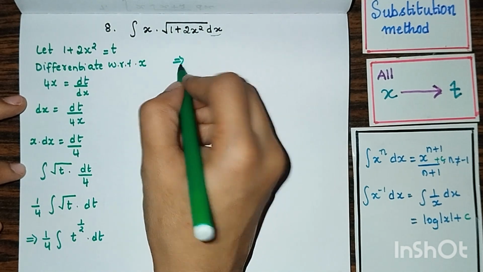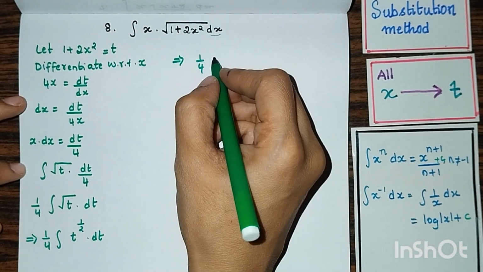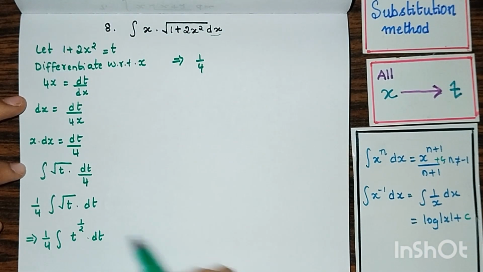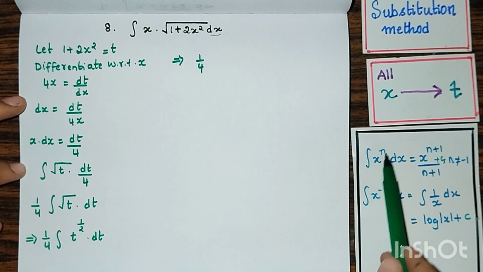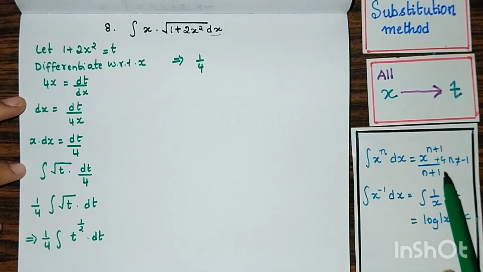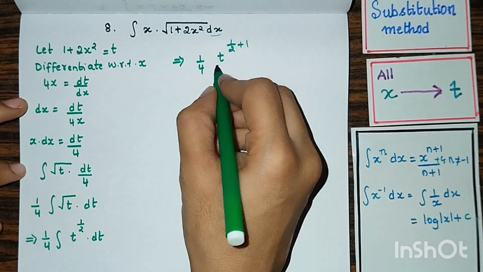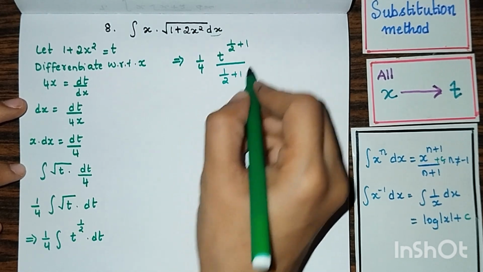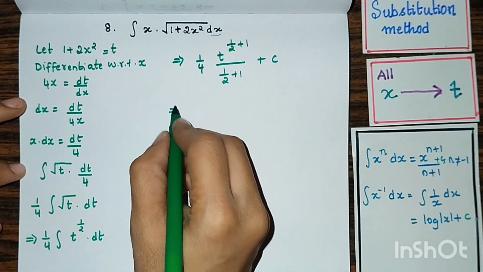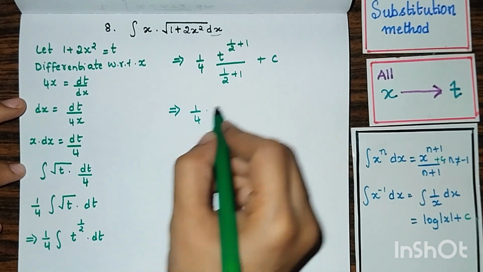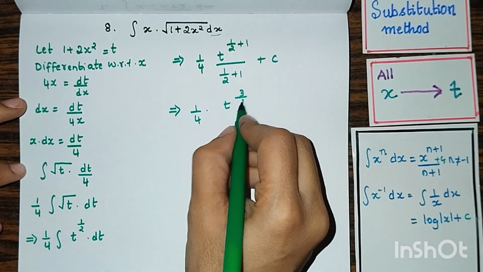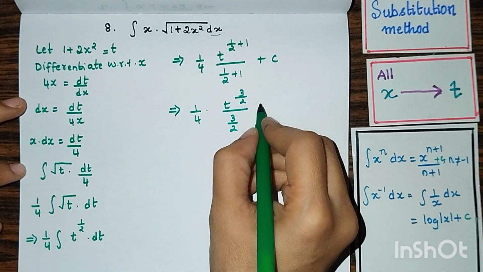Now this implies 1 by 4 into, so integral of t to the power 1 by 2 is in the form of x power n. So we will apply this: t to the power 1 by 2 plus 1 divided by 1 by 2 plus 1 plus constant of integration.